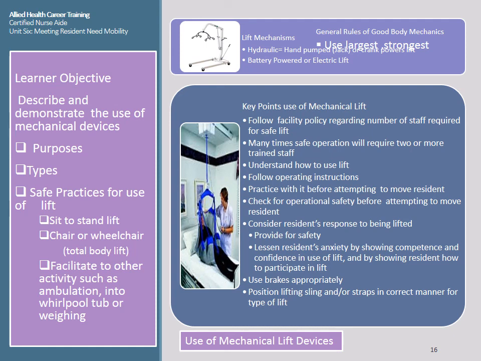Lessen the resident's anxiety by showing competence and confidence in using the lift, and by showing the resident how to participate in the lift. Use brakes appropriately. Position the lift sling and/or straps in the correct manner for the type of lift.